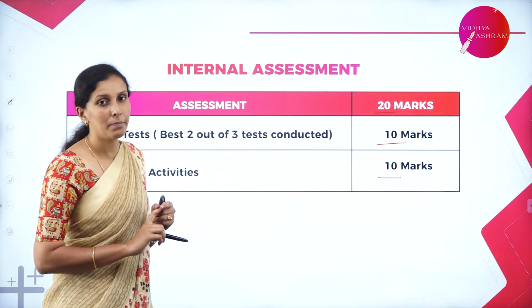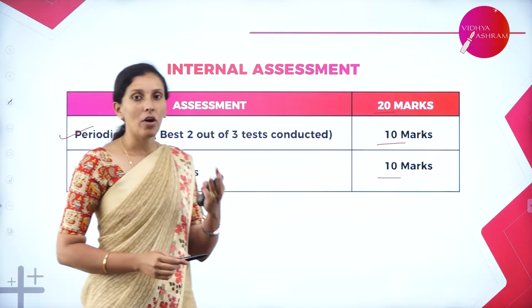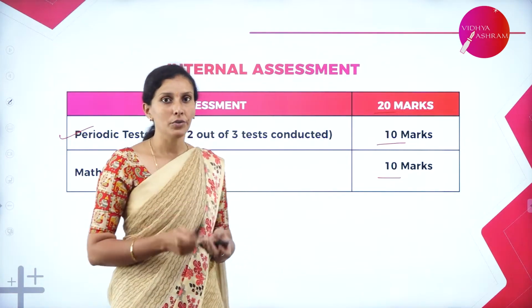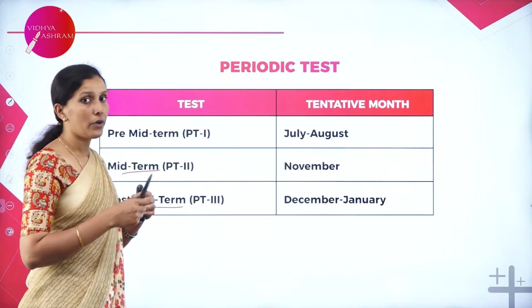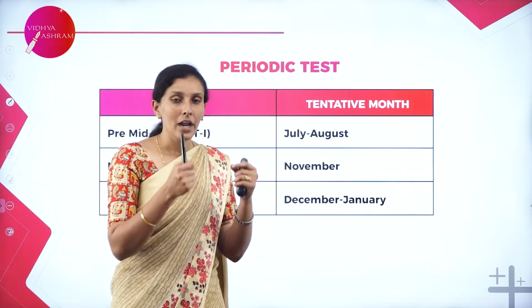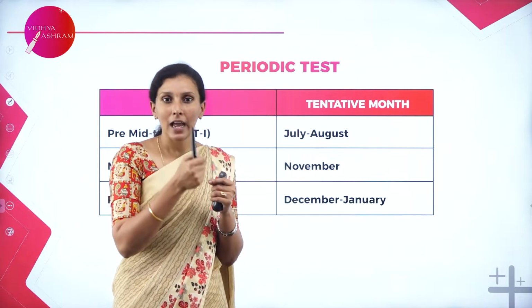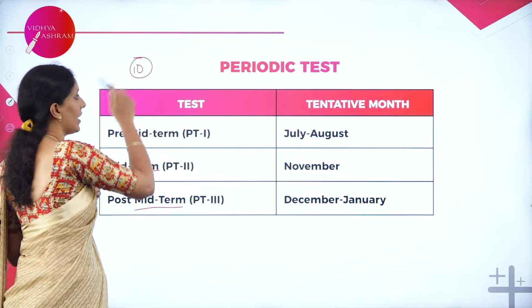One is your pen and paper test, that is a periodic test. 3 periodic tests will be conducted for you: the pre-midterm, midterm and post-term. The best 2 PTs are taken and averaged, and we can allot you a maximum of 10 marks.